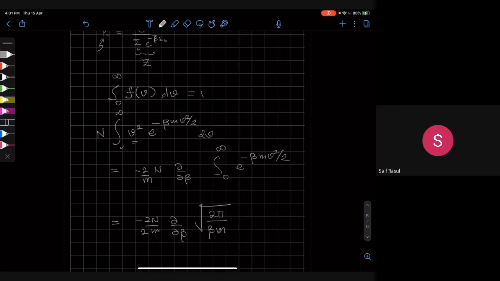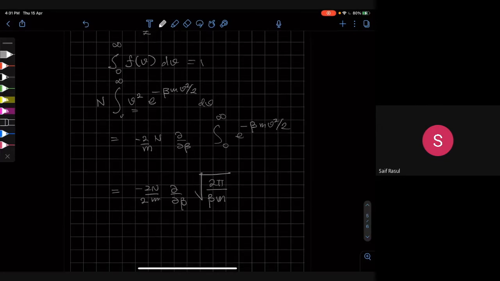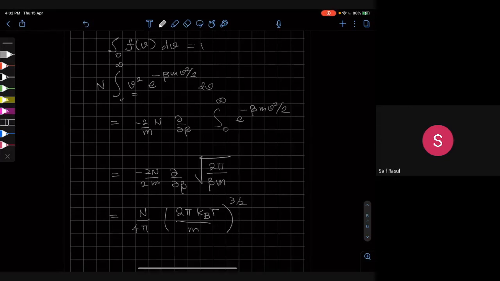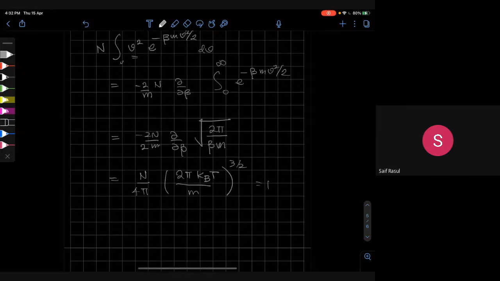So when I do this and take the derivative with respect to beta, we get the result that n over 4 pi. I'm just writing the final result. You should work this out. I'm writing the final result in a nice form. And we want this to be equal to 1.